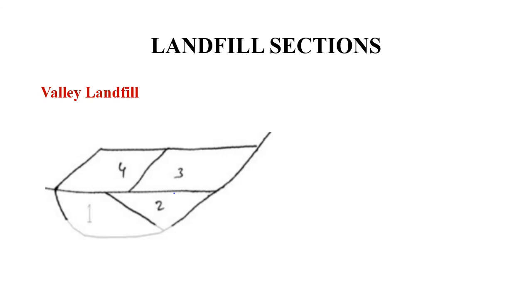You have to ensure that surface water drainage is properly maintained, because there is a lot of chance that water can infiltrate, since the terrain itself is suitable for receiving water. So surface water plays a very critical role in designing such valley landfills.